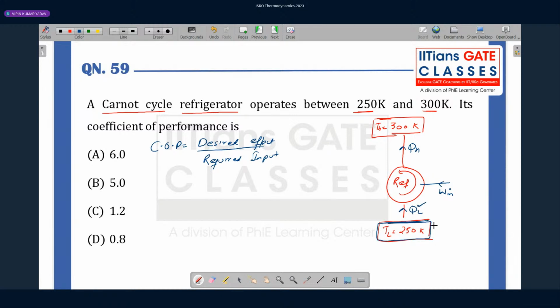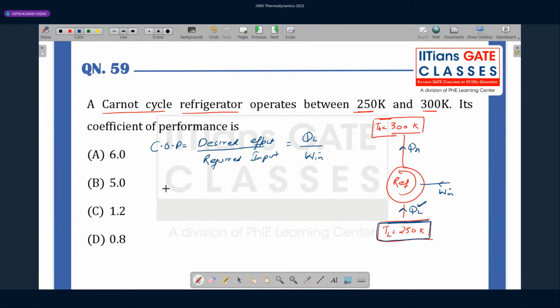For example, your refrigerator at home, you try to maintain it at lower temperature than the surrounding, so continuously you have to extract some heat. That heat is QL. So the desired effect is to extract QL, and the required input is work input, which you have to give.